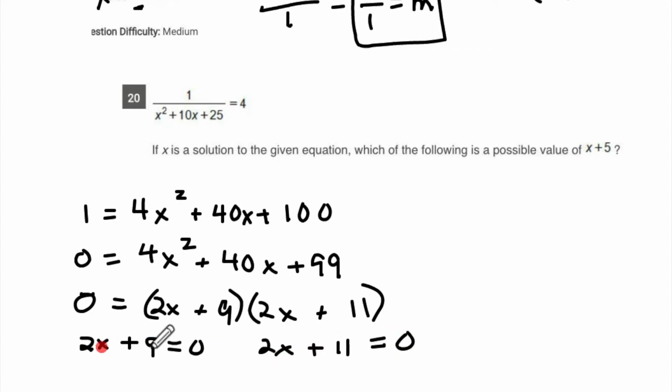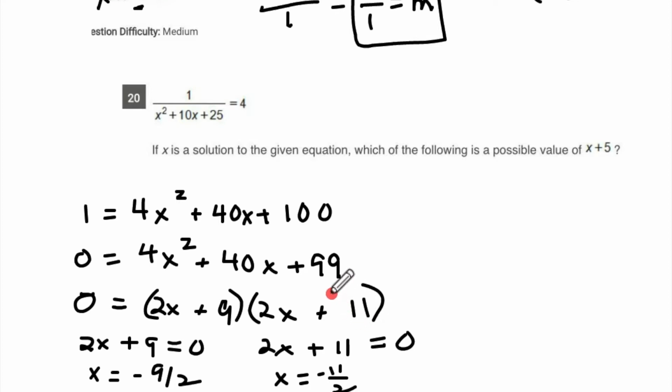And you solve these little baby equations, so you get x equals negative 9 halves and x equals negative 11 halves. Okay, that's not the final answer, and guess what? They have these as some of your answers so that you mess up.